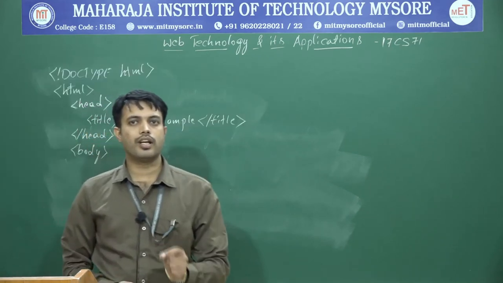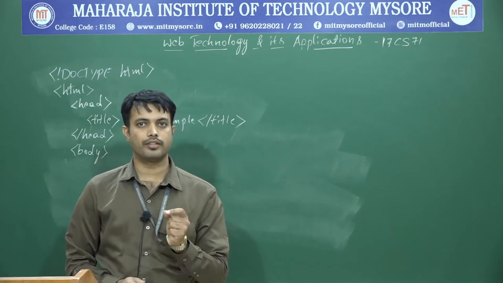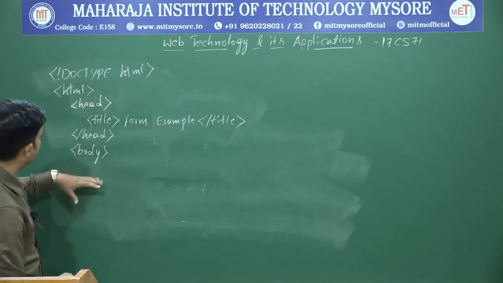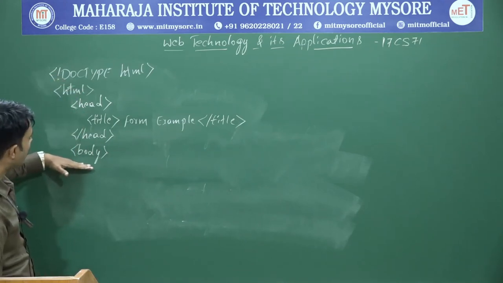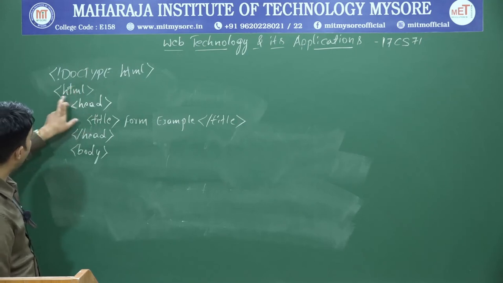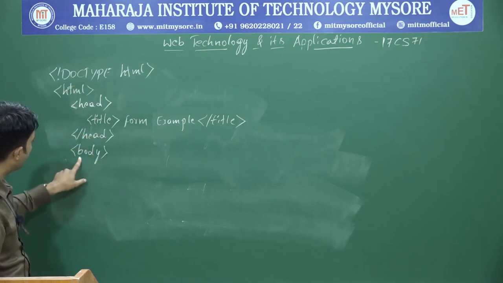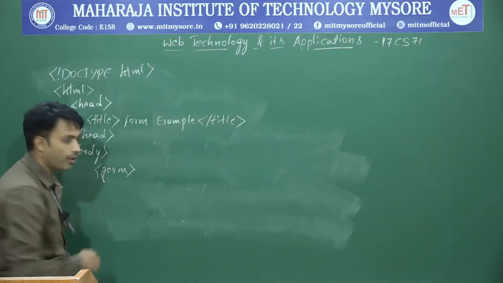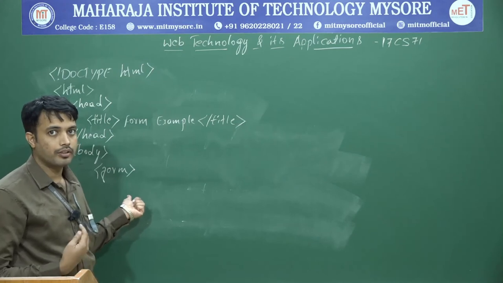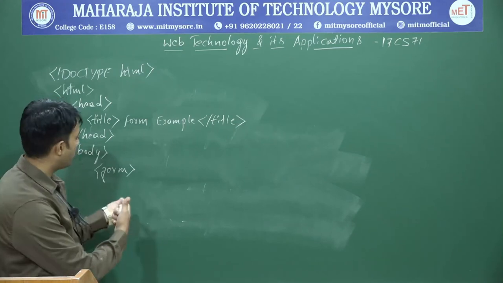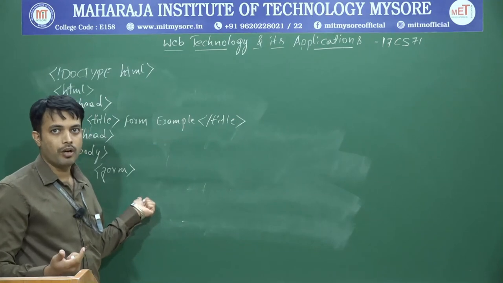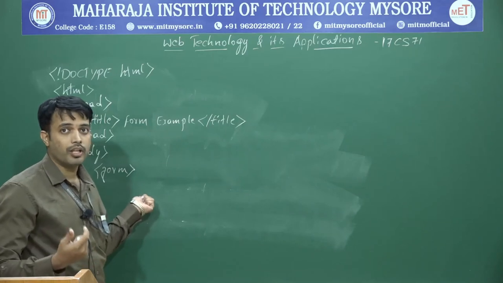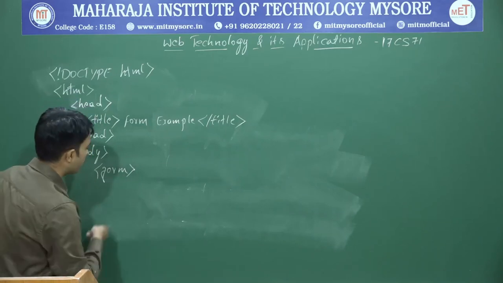In order to read single line characters, single line input from the user, this is the initial program tags: doctype HTML, head, title, head close, and again body. Within body, I have to open the form tag. Within the form I have to read the single line input, right? Here I am going to take an example of a username.